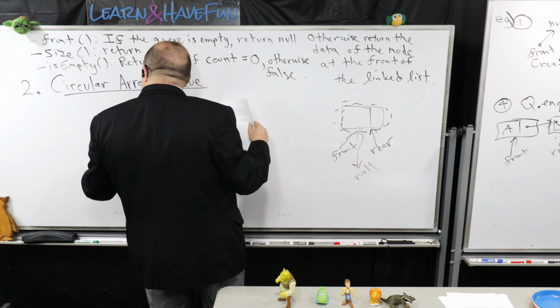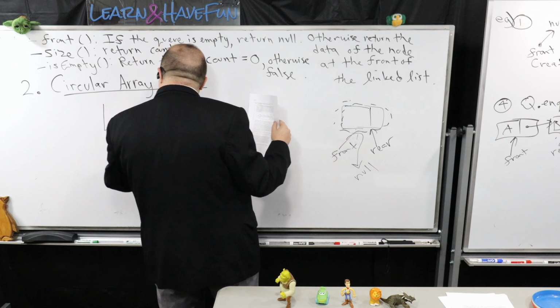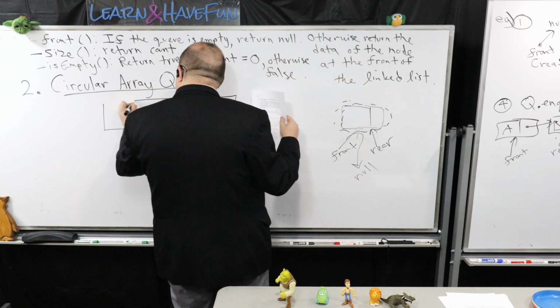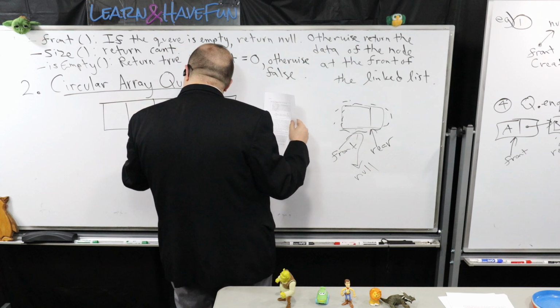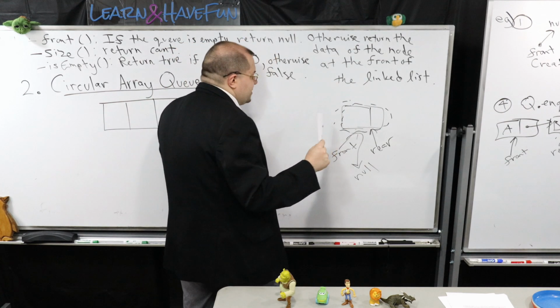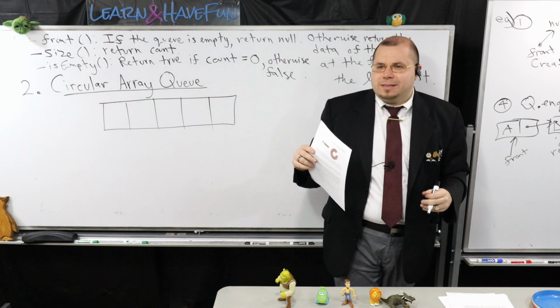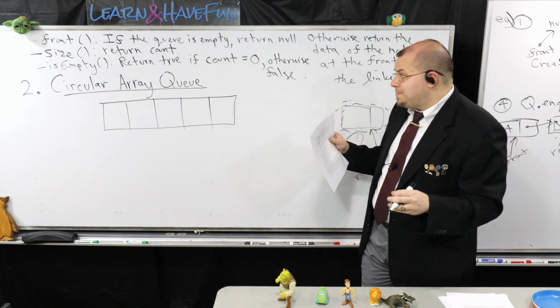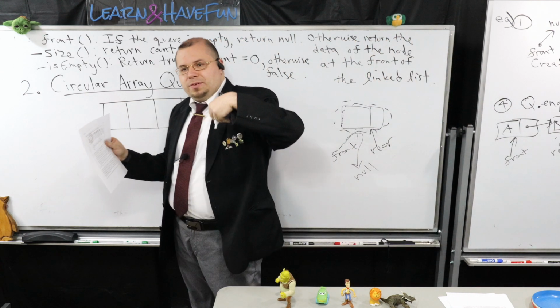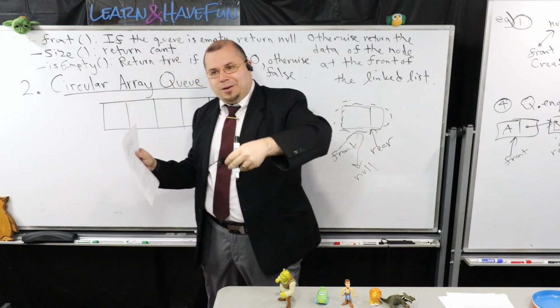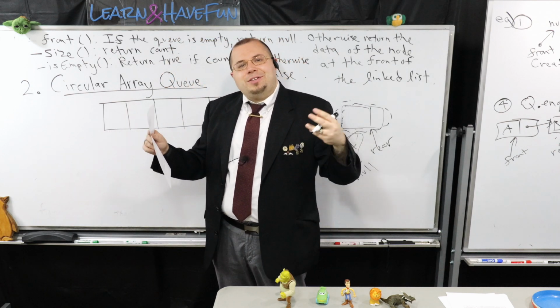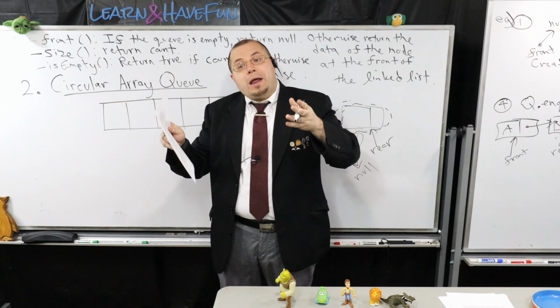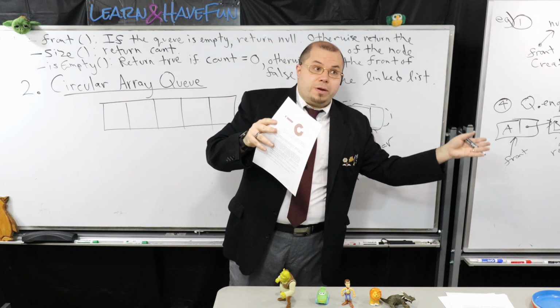The first thing is, like I said last day, I'm going to presume that my array's length is just long enough. And I want to adapt the same idea I had for my array-based stack, except now I'm going to have a front and a rear counter. Using these, I can keep track of where the front is and where the rear is.